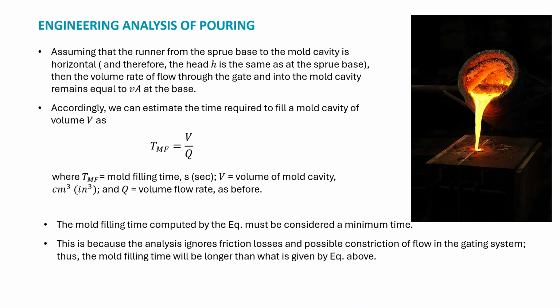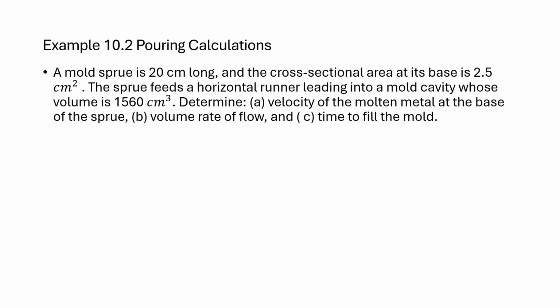Now let's go back to the question and highlight the parameters. We have 20 centimeters long, that's the h. The cross-sectional area is 2.5 centimeters squared, that's the A. The sprue feeds a horizontal runner leading into the mold cavity, which has a volume of 1,560 cubic centimeters, that's the capital V. Determine first the velocity of the molten metal at the base.